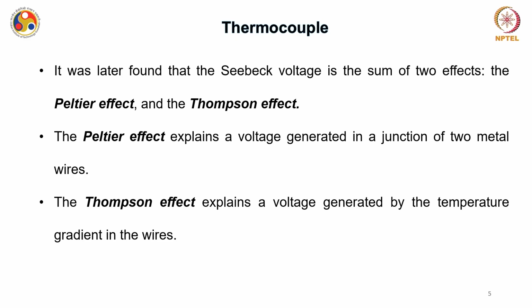It was later found that the Seebeck voltage is the sum of two different effects, the Peltier effect and the Thomson effect. The Peltier effect explains a voltage generated in a junction of two metal wires, while the Thomson effect explains a voltage generated by the temperature gradient in the wires.